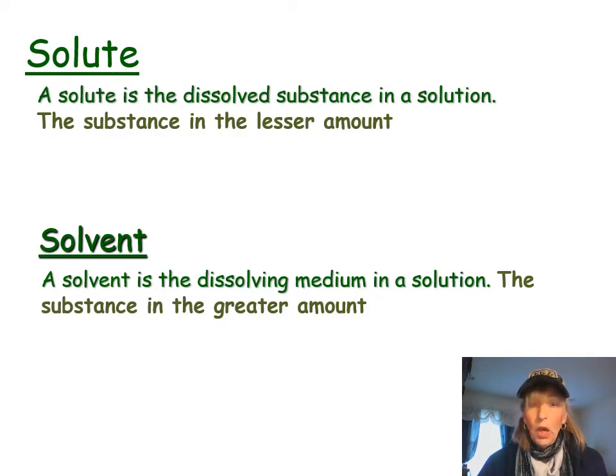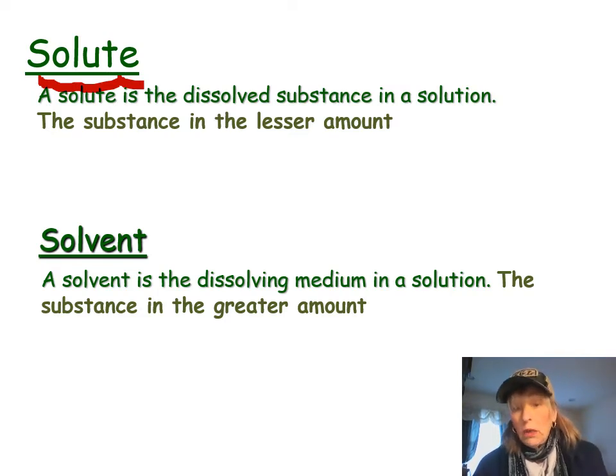When we talk about a solution, we have to be familiar with two terms. First term, solute. Solute is the dissolved substance in a solution. How do we know which one is dissolved and which one is not?